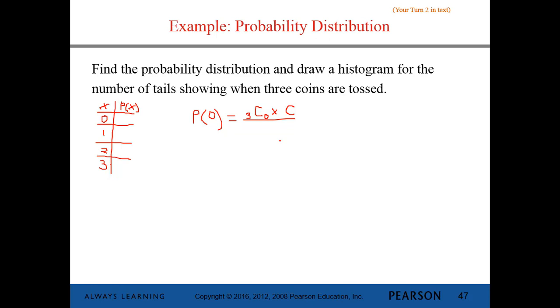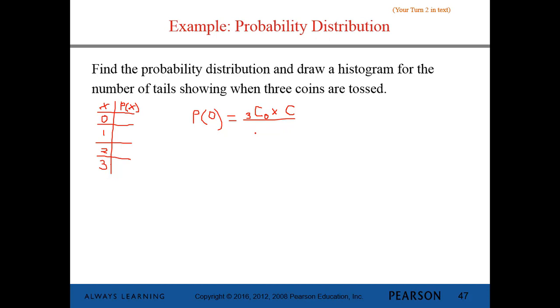And what are we interested in? Well, we're counting the number of tails out of the 3 coins, right? And the probability of tails doesn't change from coin to coin. So this is a binomial experiment. So look what we're going to do. How many possible outcomes are there for the coins?